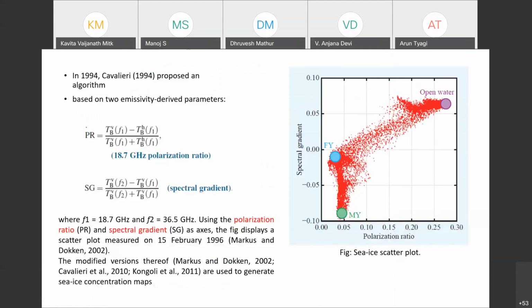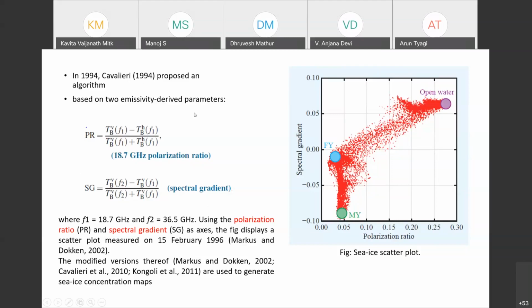Then people have also used the polarization ratio and spectral gradients for sea ice classification, you can say. There are other algorithms also using passive microwave data, but one of the algorithms I'll be discussing as an example is the one proposed by Cavalieri in 1994.